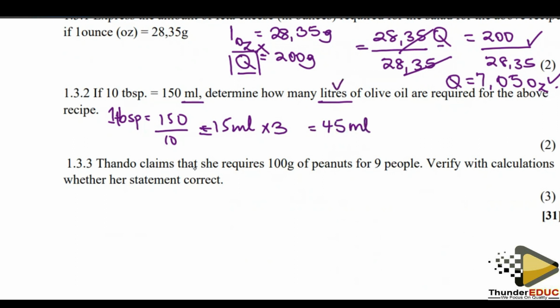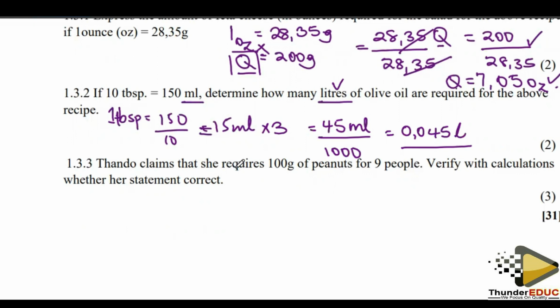So we divide the mL by 1,000. The answer becomes 0.045 liters.